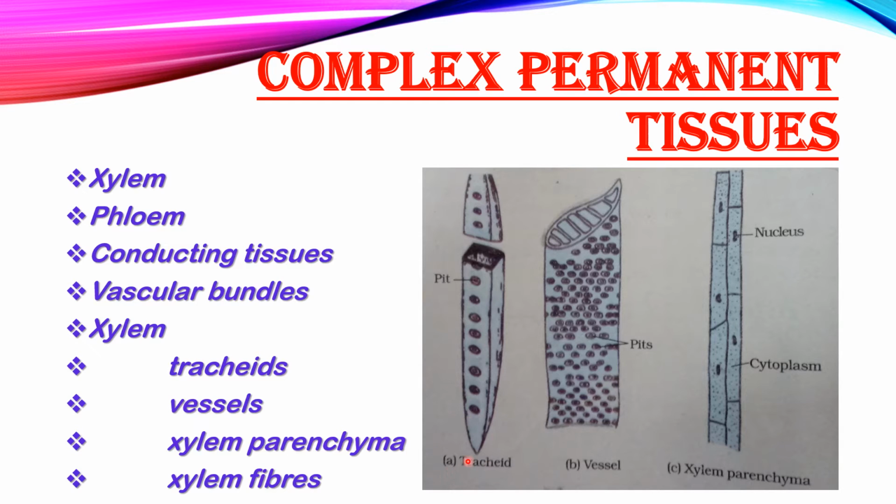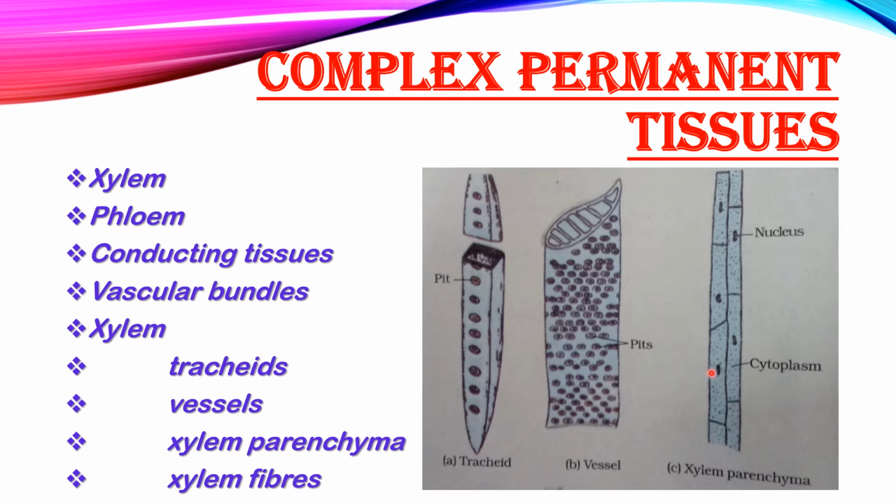They conduct water from roots to other parts of the plant. And which cells, which part of xylem? Tracheids and vessels. These tracheids and vessels have pits, and they allow water to move vertically from roots to other parts of the body.